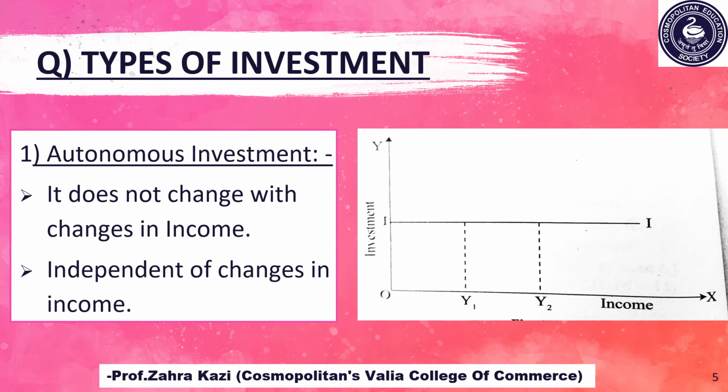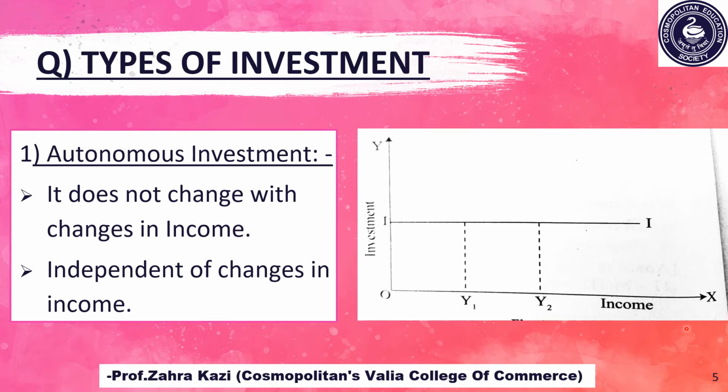This means that autonomous investment remains constant. So even if income is high or low, the autonomous investment will remain constant. That is why we say that autonomous investment is independent of changes in income. That is, it does not depend on the level of income.